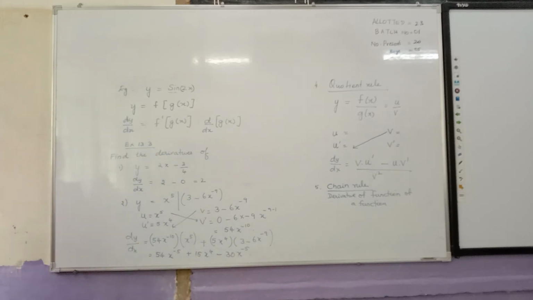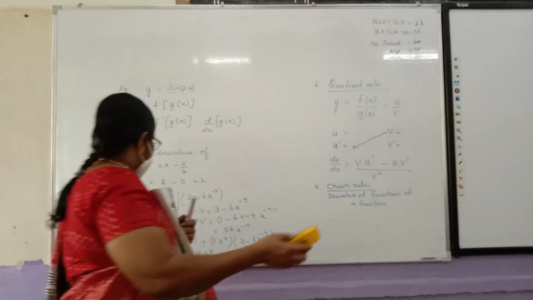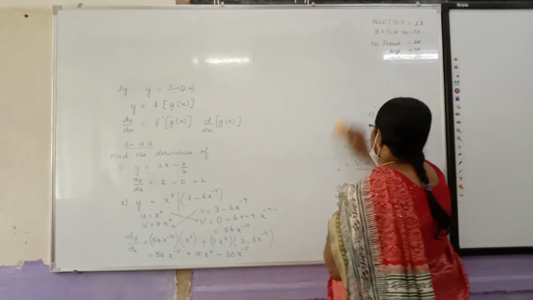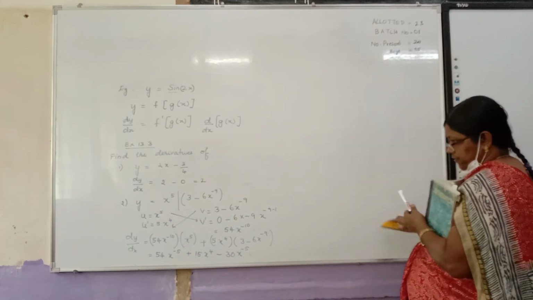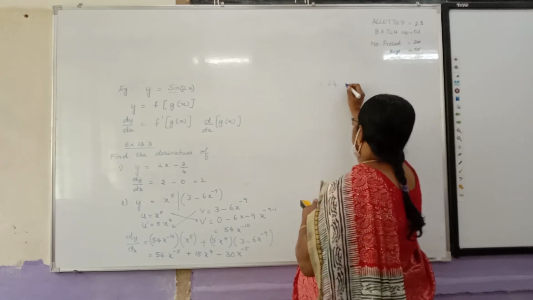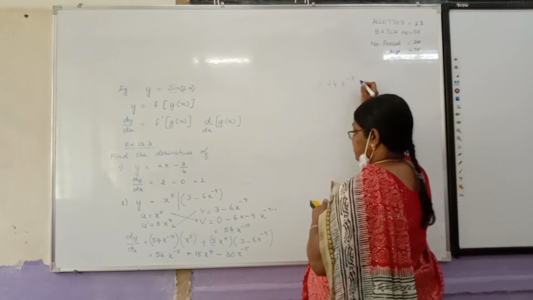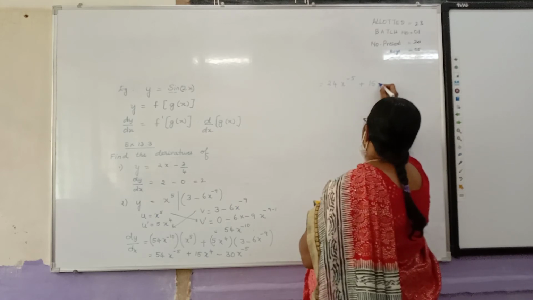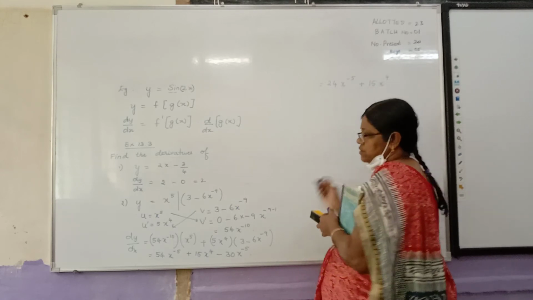Am I correct? So finally 54 minus 30, how much? 24. So 24 x power minus 5 plus 15 x power 4. This is the answer.